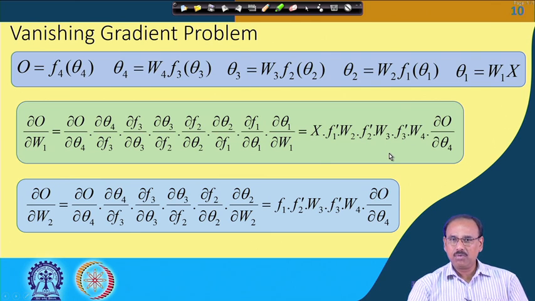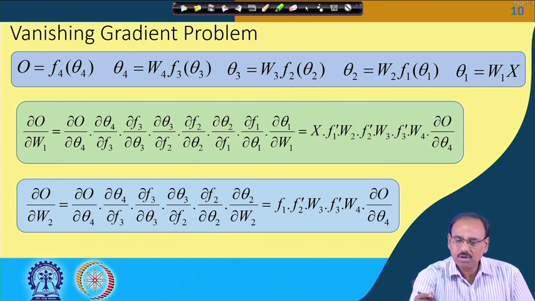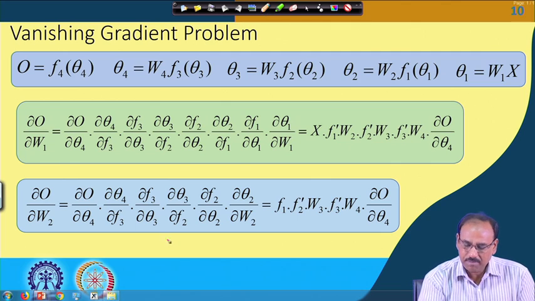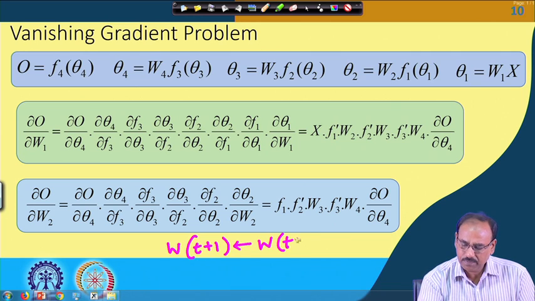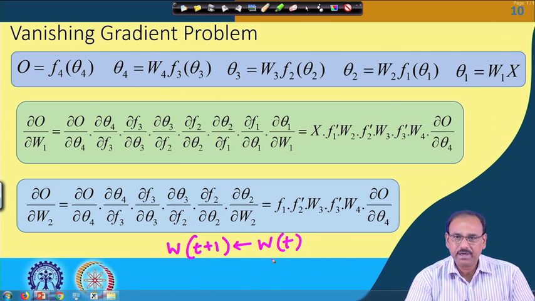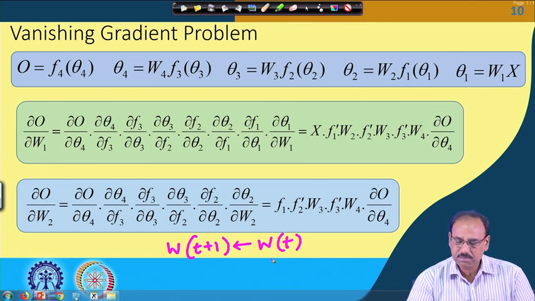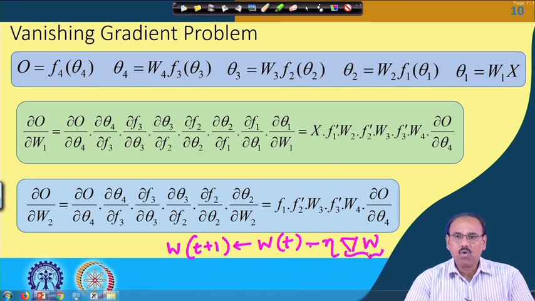And as the gradient almost vanishes, when I go for updation by the equation, what was our updation equation? The updation equation was Wt plus 1 equals Wt, that is, the previous parameter value, minus eta times grad of W. And this term grad of W reduces exponentially as you move towards the earlier layers.